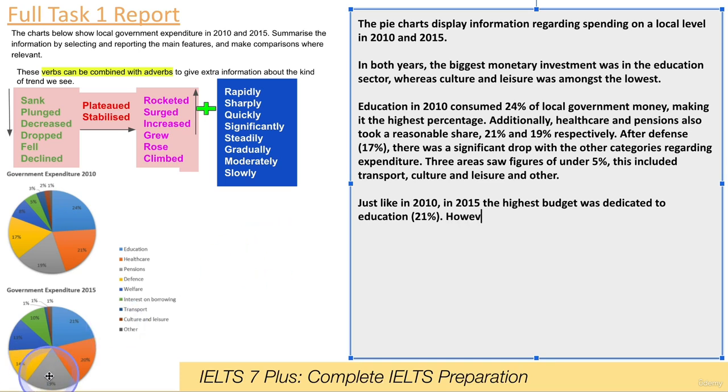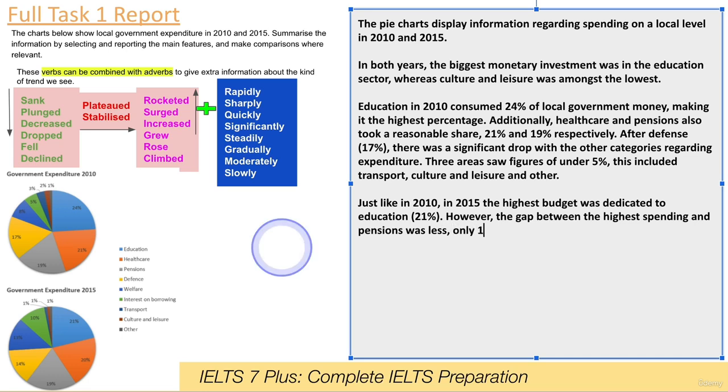And then let's talk about the high healthcare and pensions. We can say, however, the gap between the highest spending and pensions was less, only 1%.